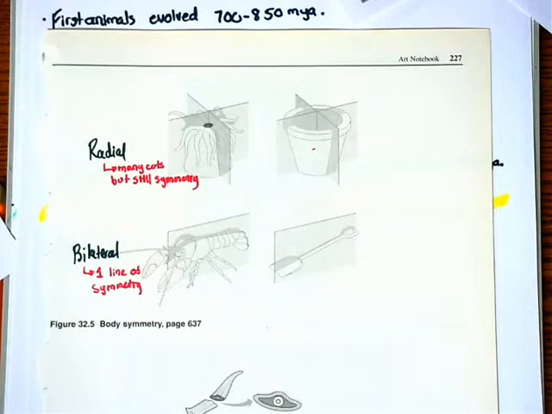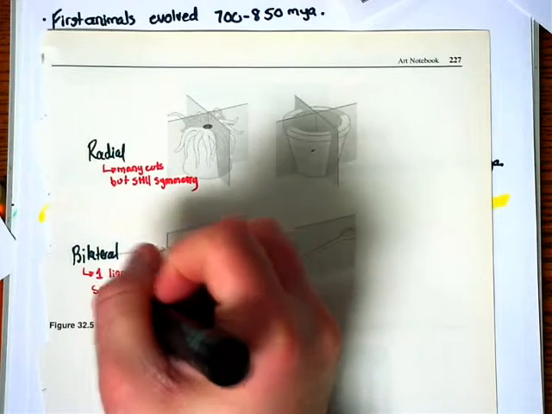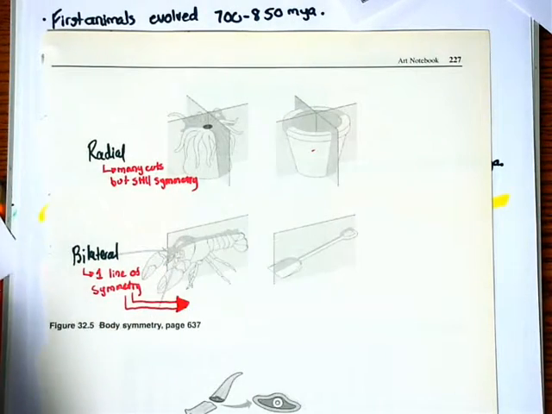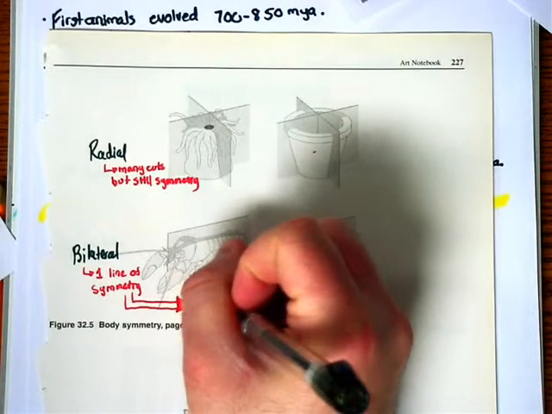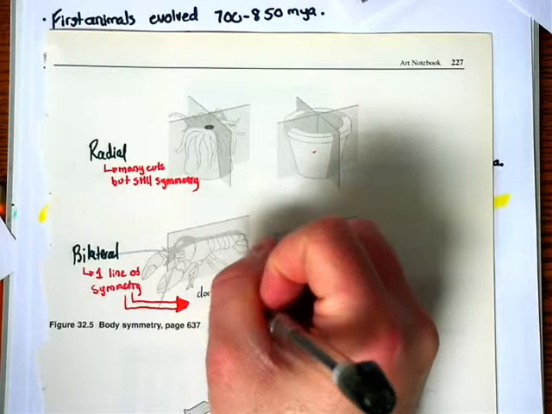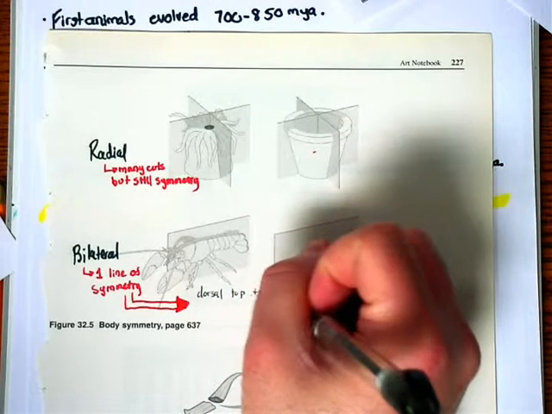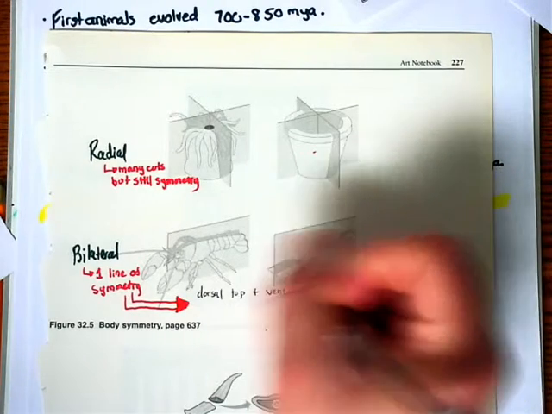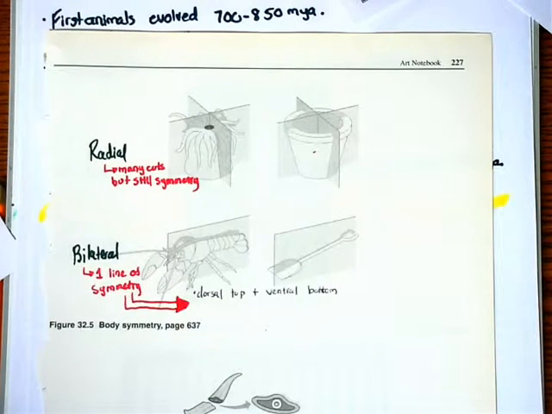Now, if a creature does have bilateral symmetry, then it's supposed to have a couple of other features that we need to mention. One is that there's going to be a dorsal top and a ventral bottom. So there's a top side and a bottom side.